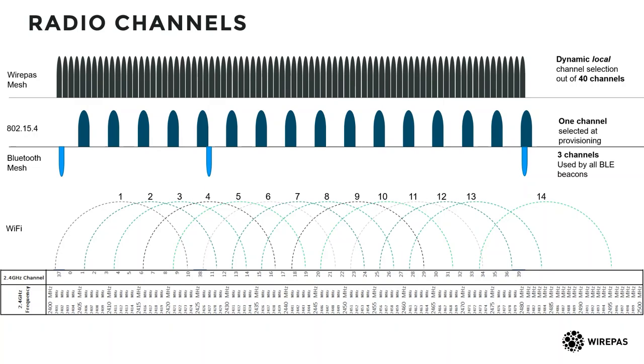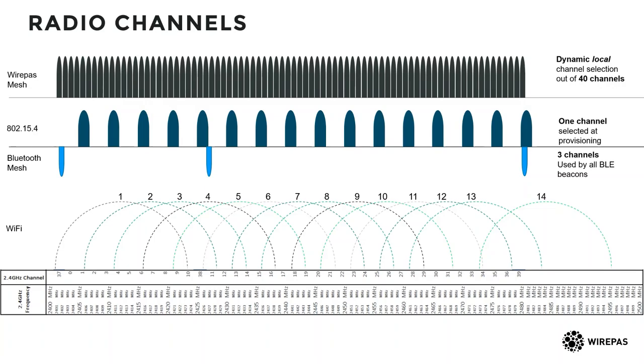Zigbee and Thread use 802.15.4, which has 16 different channels spread out throughout the 2.4 gigahertz space. Bluetooth Mesh uses 3 channels, the advertising channels of Bluetooth. And then Wi-Fi has 11 to 14 channels, depending on what region you're in the world, and also spread out with essentially 3 non-overlapping channels in most parts of the world, being 1, 6, and 11.